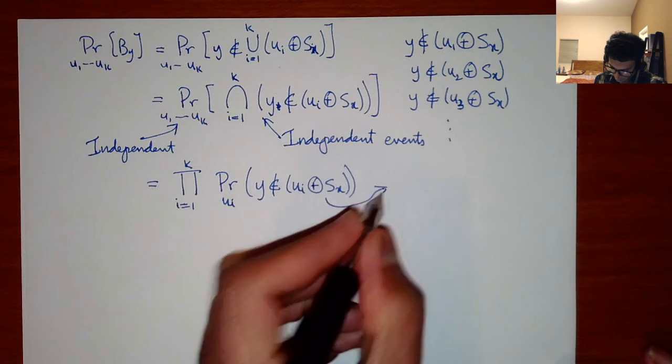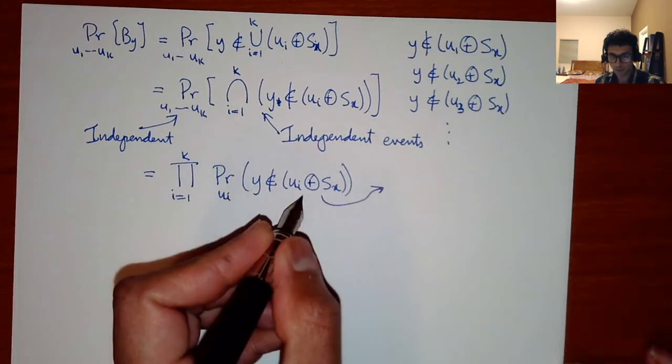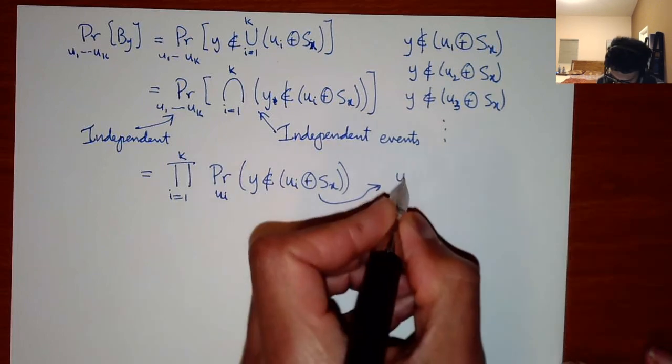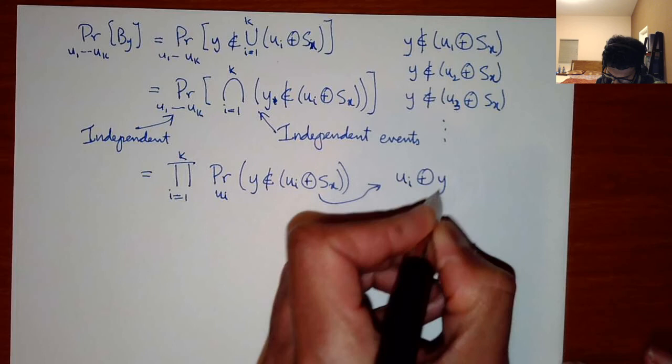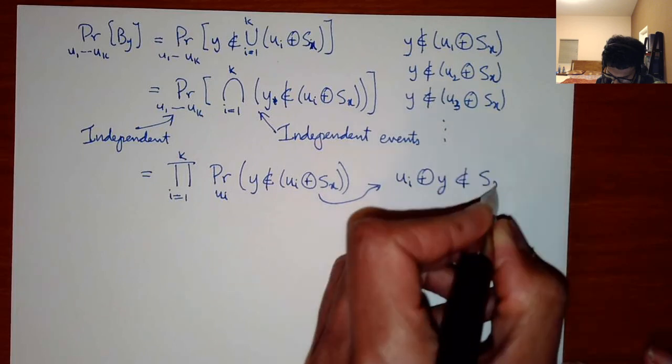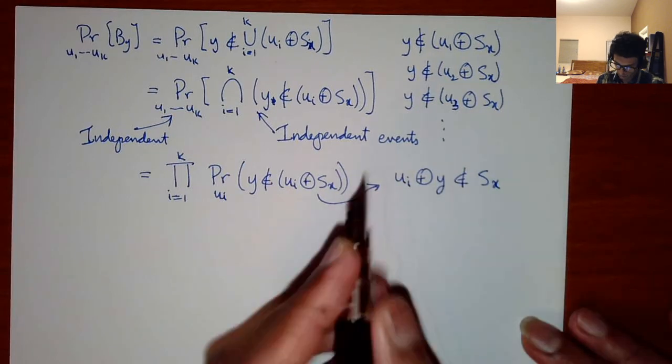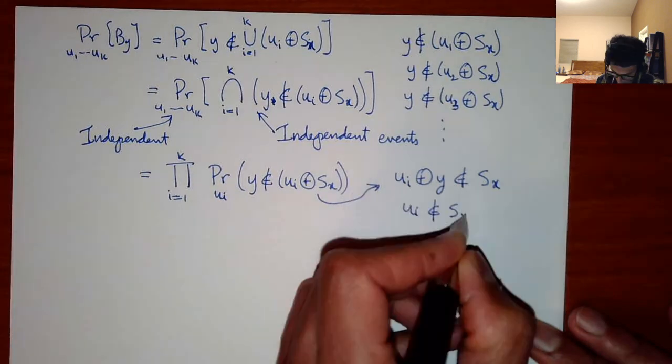Now I'm going to XOR with ui on both sides, which is the same thing as saying ui XOR y is not in S of x. Now I'm going to XOR with y, which is now saying that ui is not in S of x XOR y.